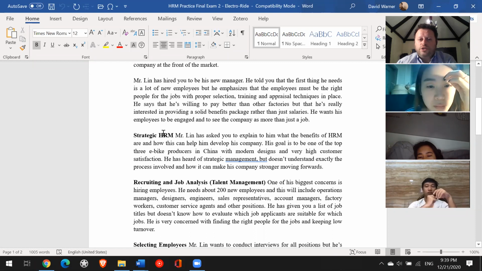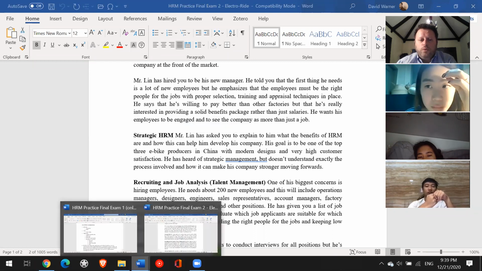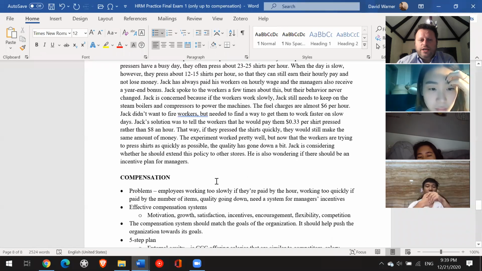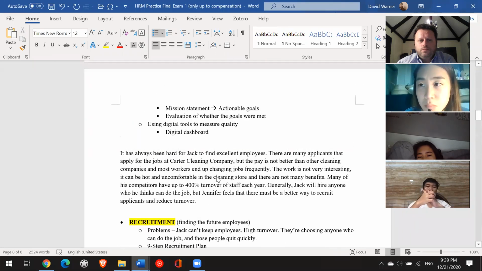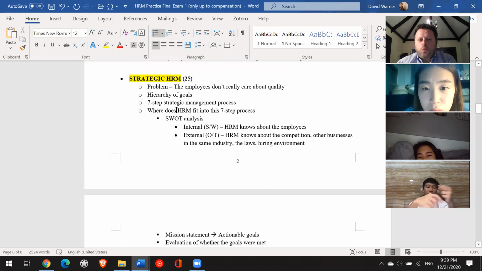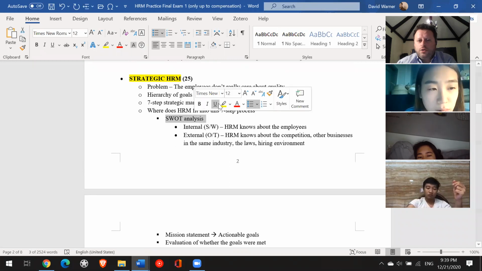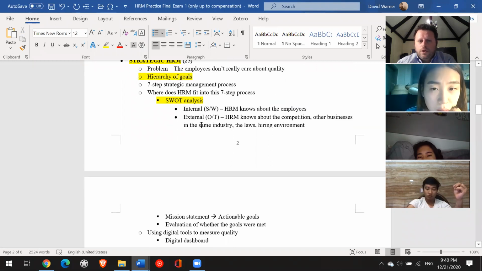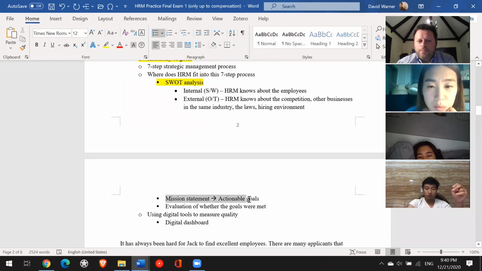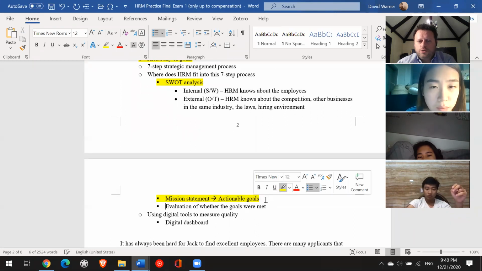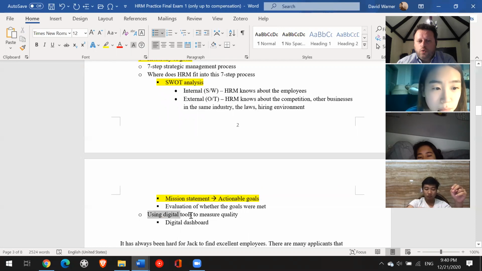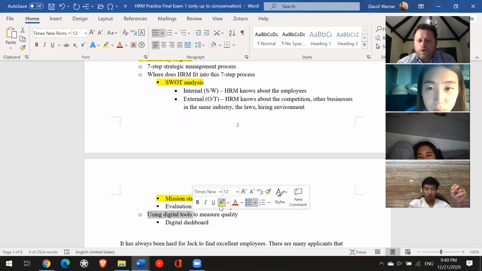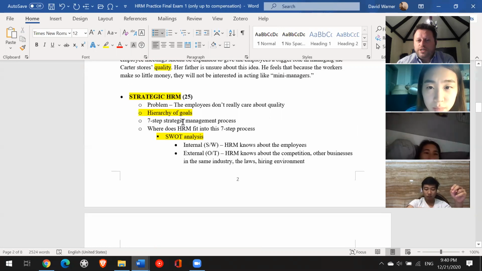So understand that strategic HRM and what we just did, this SWOT analysis, the internal versus external, that is the hierarchy of goals, mission statements to actionable goals, using digital tools. This is what I consider to be strategic HRM.